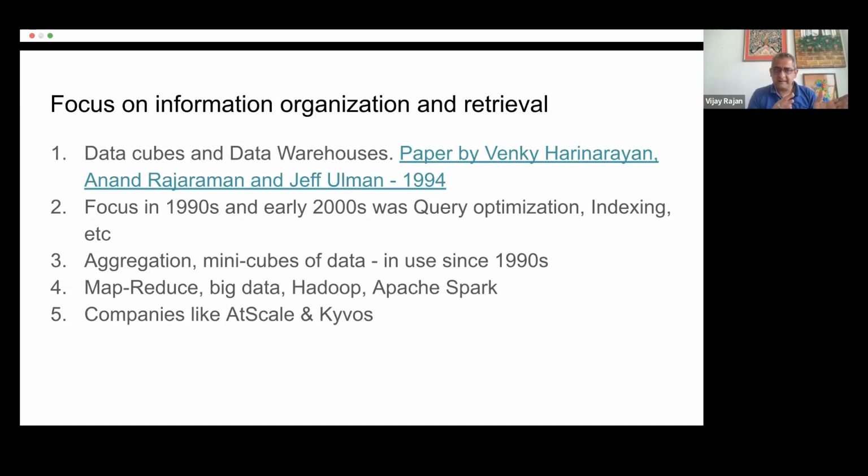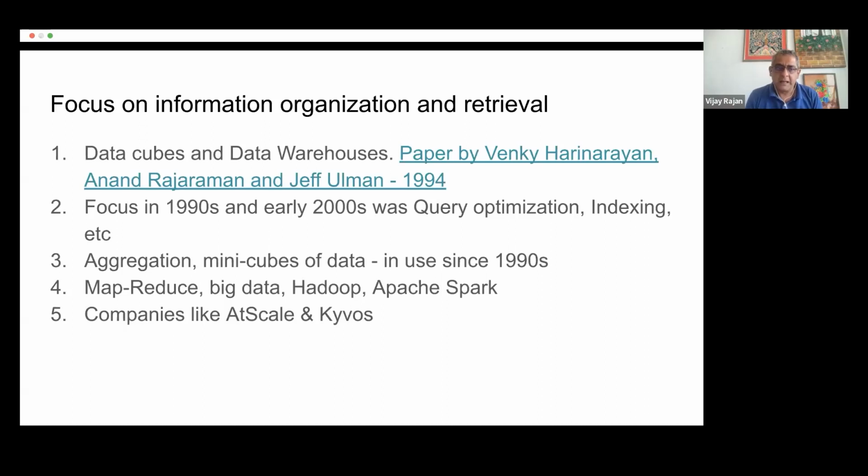And the focus in the 1990s and early 2000s was query optimization and indexing for quicker data retrieval, right? That seemed to be the focus. People would aggregate data into mini cubes of data, and this was done in the 90s and is still practiced in many companies, in fact, all companies.